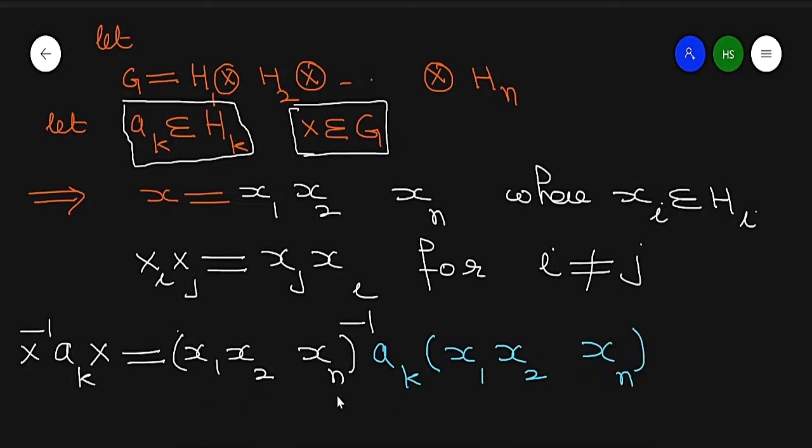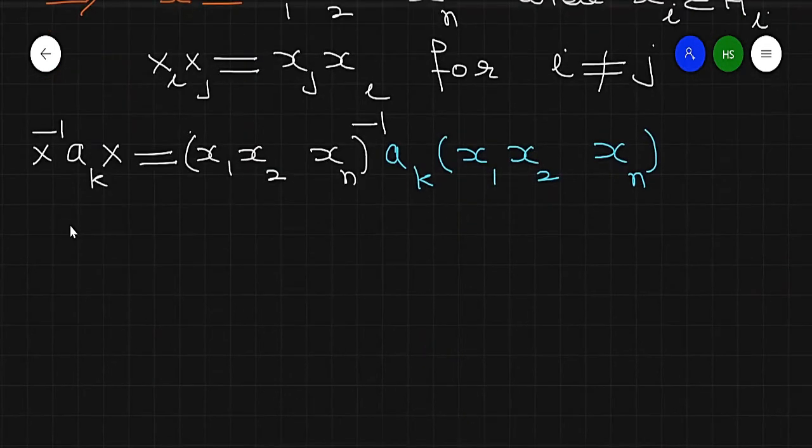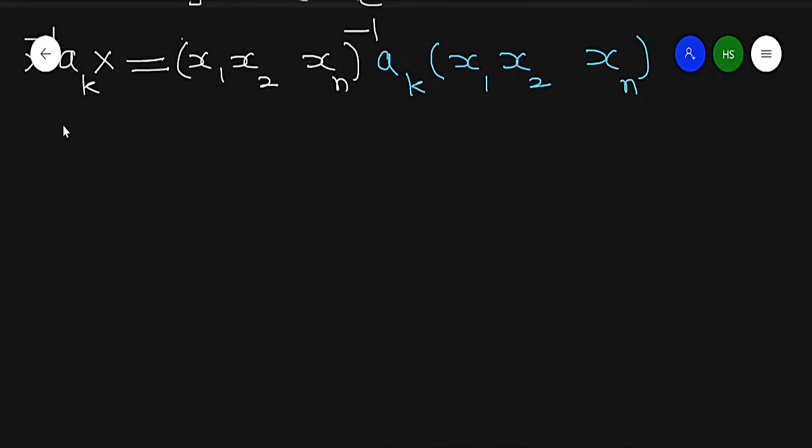Here I use the reversal law. By the reversal law, this can be written as xn inverse, and the next term up to x2 inverse into x1 inverse.